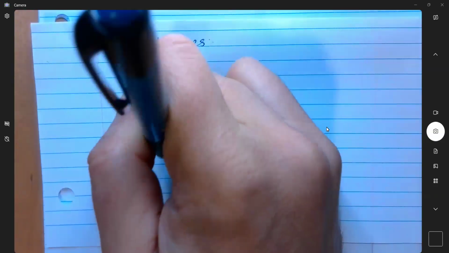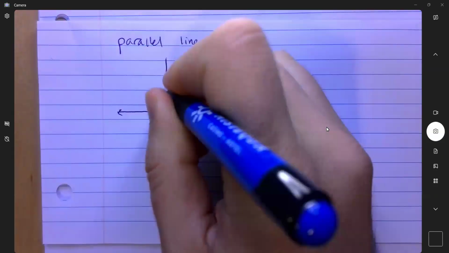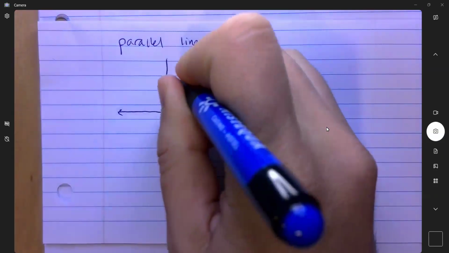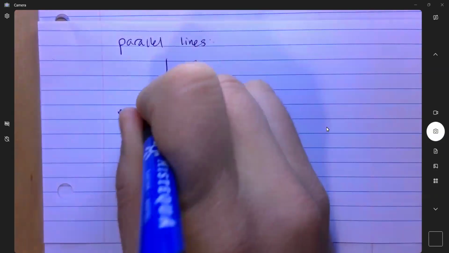Let's come back and look at parallel lines on their own. So here are the two parallel lines I drew. One is this guy. I'm going to say that point right there is 4.